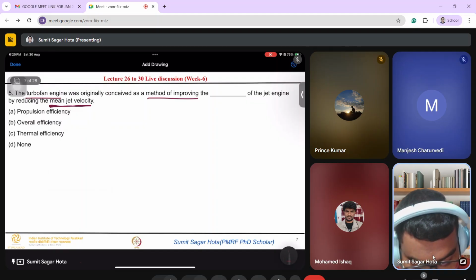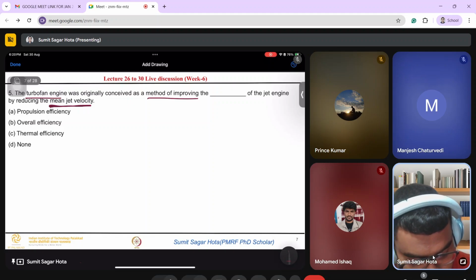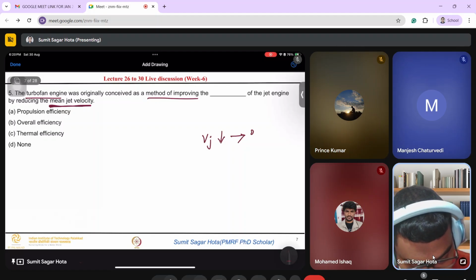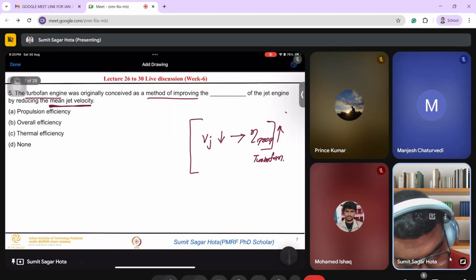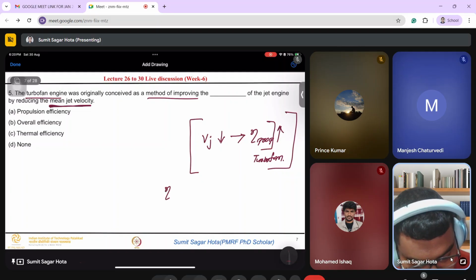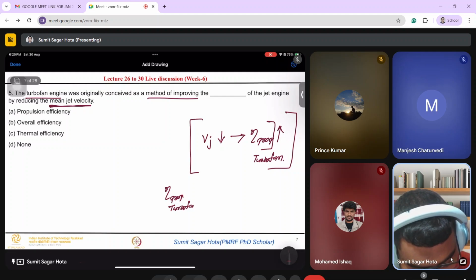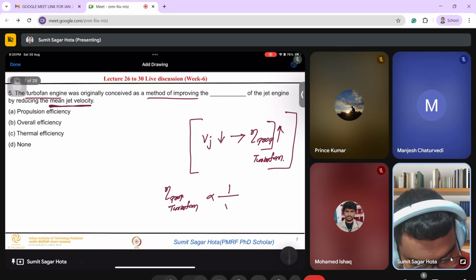If the jet velocity decreases, there is a chance of increase in the propulsion efficiency. The propulsion efficiency of a turbofan is inversely proportional to the jet velocity.